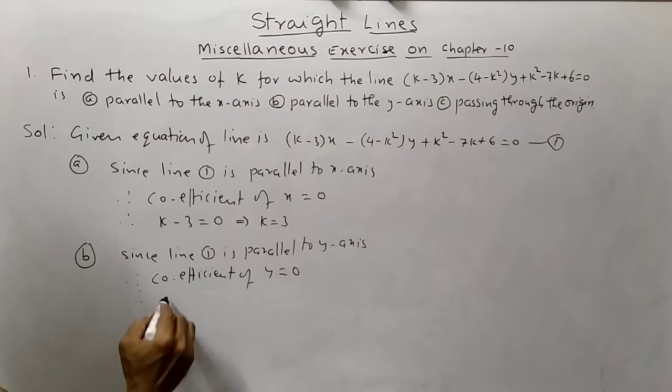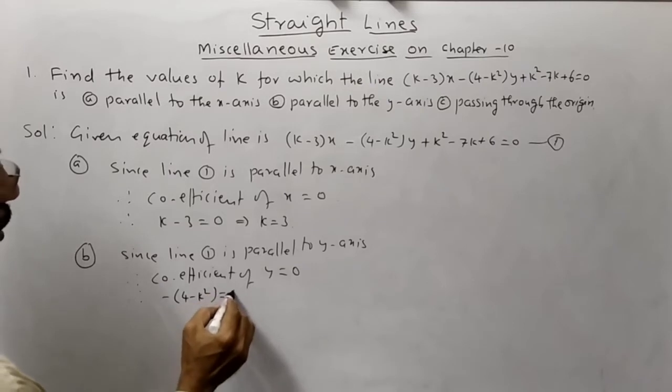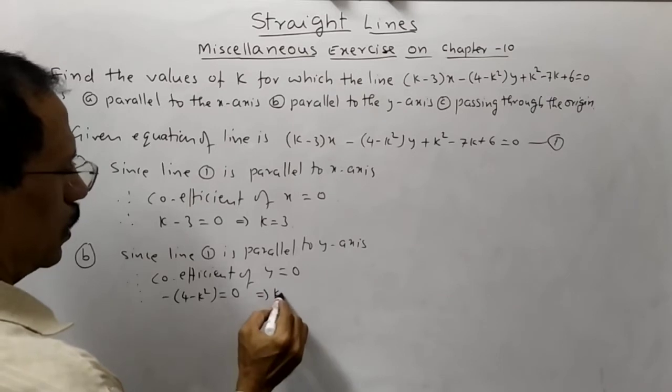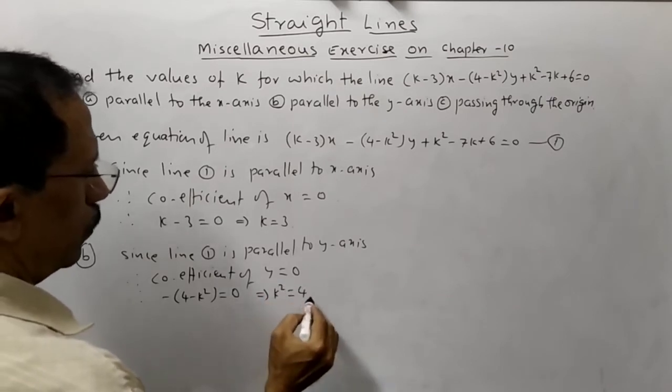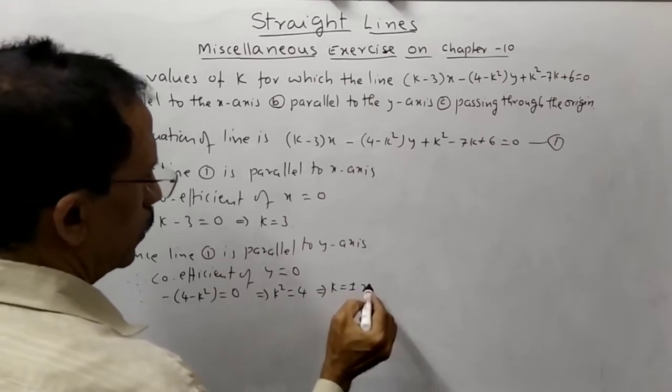Therefore, minus (4 minus k square) is equal to 0. This implies k square is equal to 4. This implies k is equal to plus or minus 2.